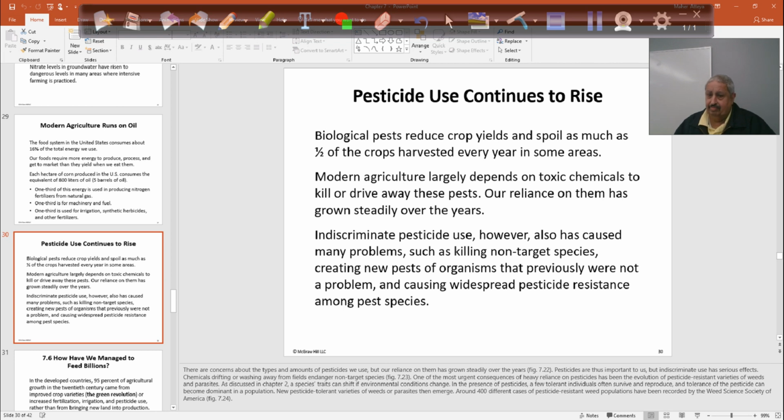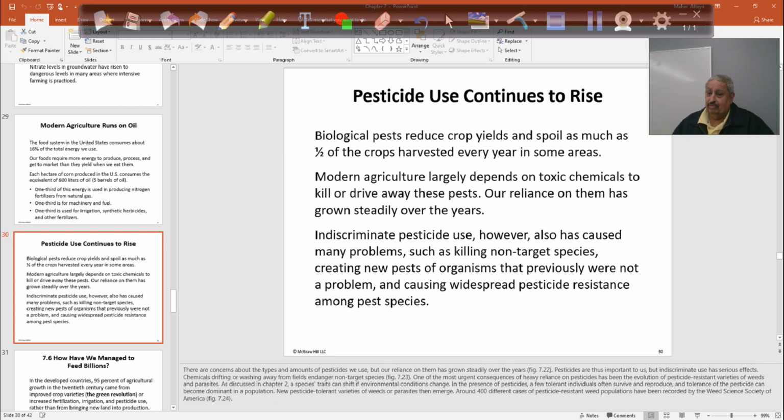So indiscriminate pesticide usage can cause many problems, such as killing non-target species. You are destroying the soil and every good thing in it. There is a lot of good bacteria working inside the soil, correct? With all the fermentation and all types of reactions in the soil done, to some extent, by good bacteria.